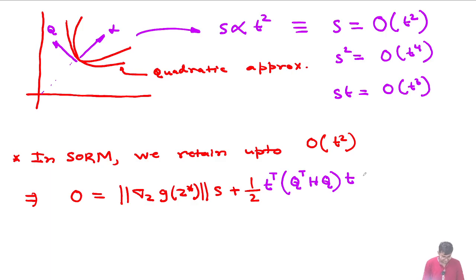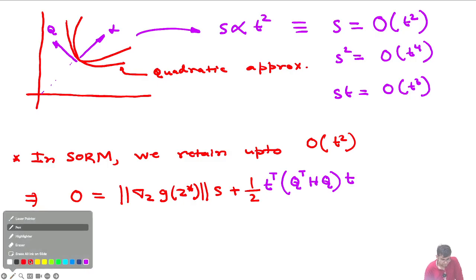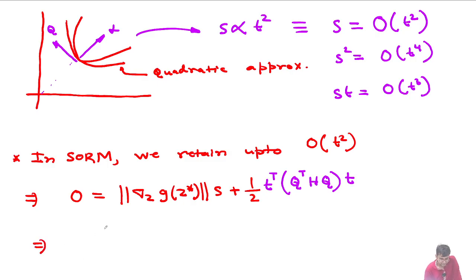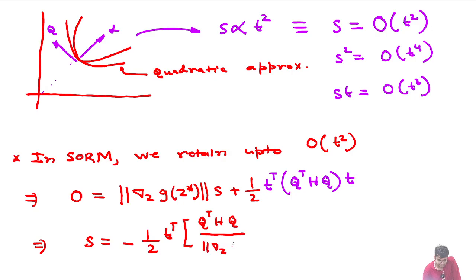From here, what is S? Sorry. So from here, S is equal to minus 1 by 2 T transpose Q transpose H Q by the grad G of Z star multiplied by T, right?